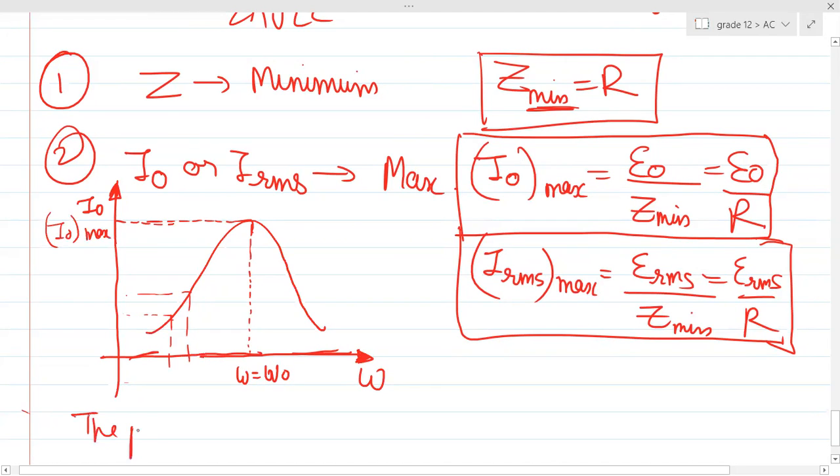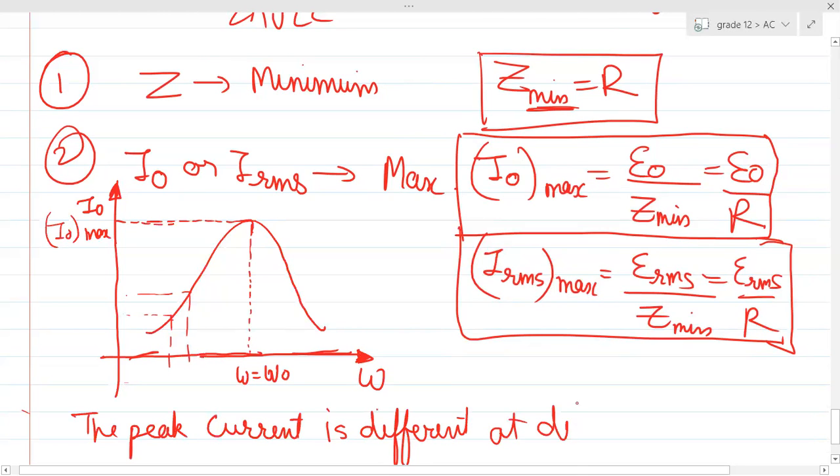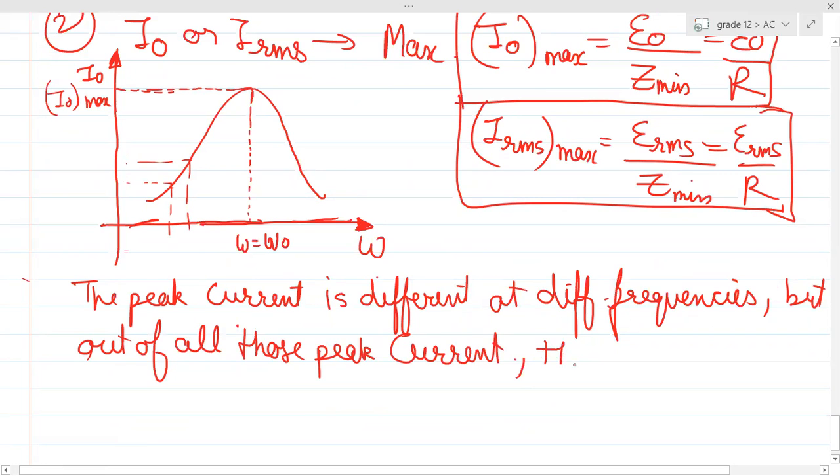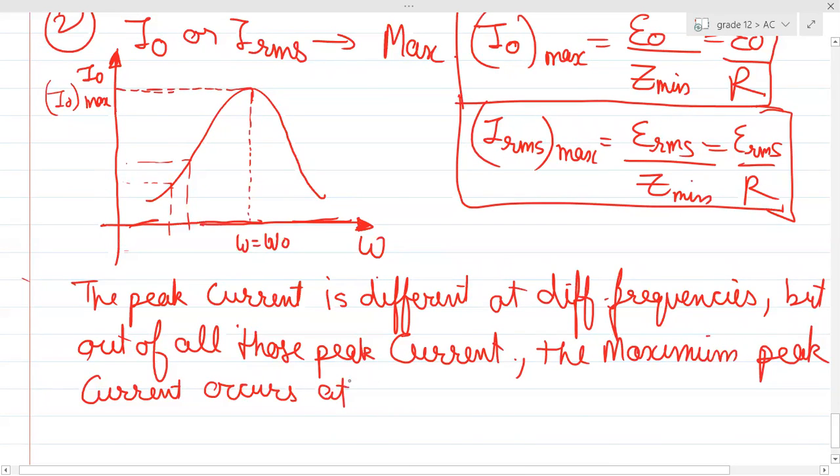So you can write: the peak current is different at different frequencies, but out of all those peak currents, the maximum peak current occurs at omega equals omega naught. Is this clear?